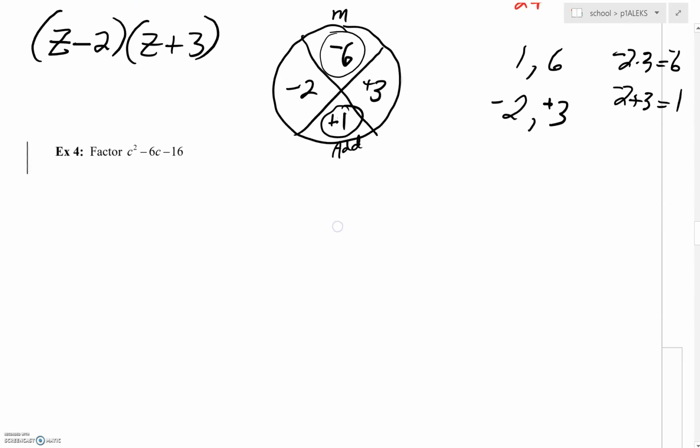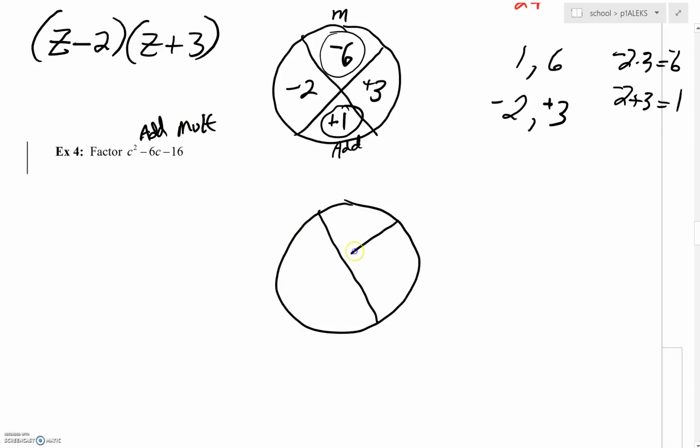As we're looking at number 4, we're adding right here to -6. We're multiplying to -16. So this might get to be a little bit trickier. The sign is just as important.